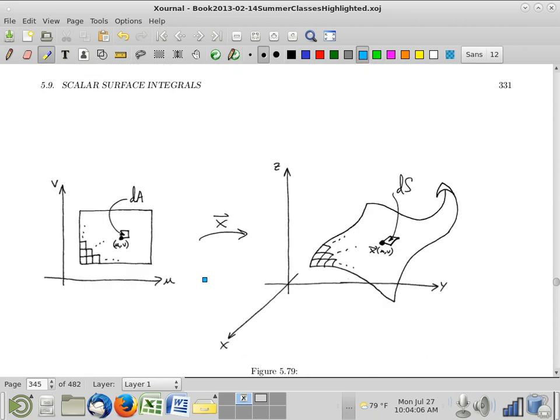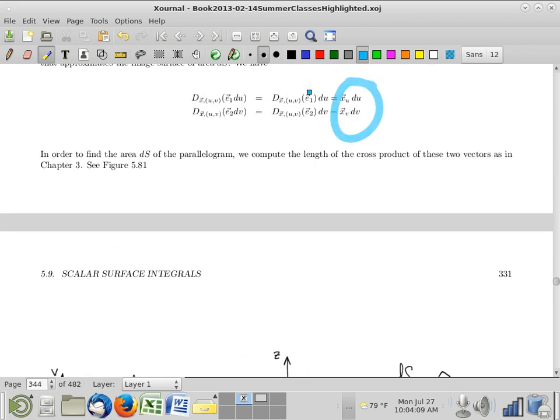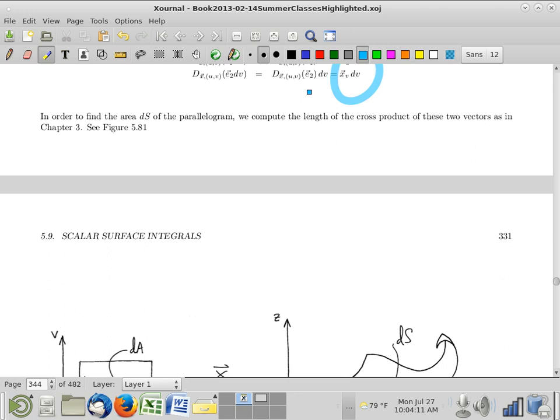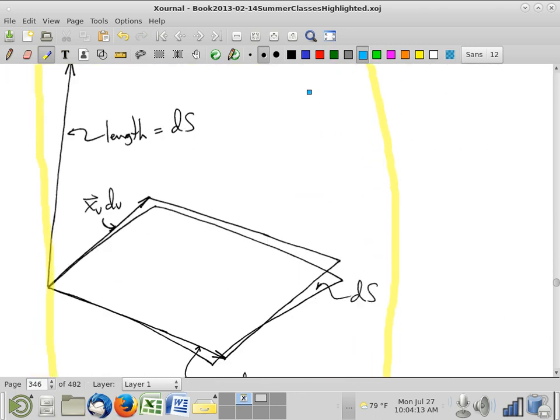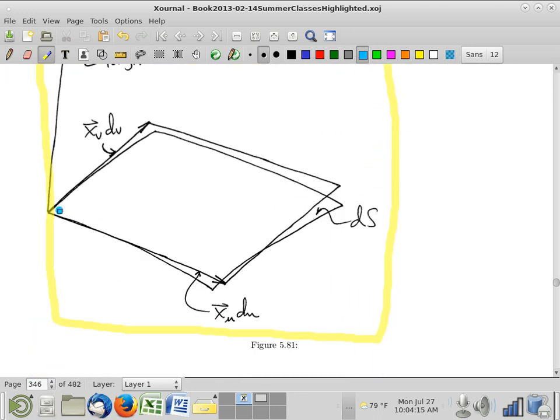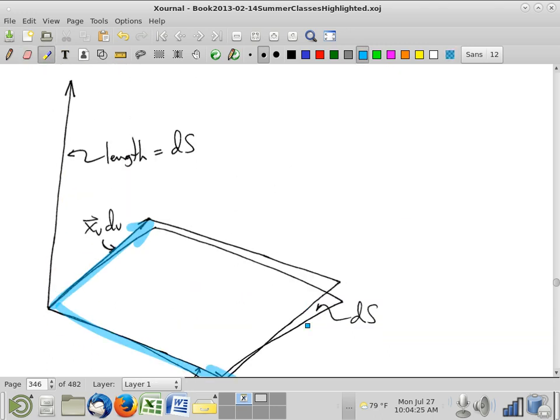Okay. So altogether then, these two vectors, x_u du and x_v dv, are the two edge vectors of the parallelogram. So there they are, x_u du, x_v dv.